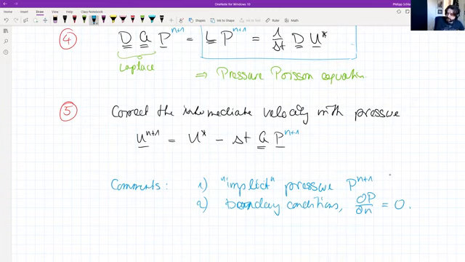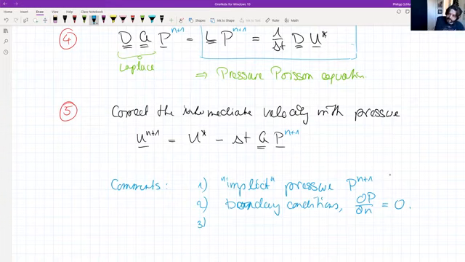Technically speaking, we would not need any pressure boundary conditions. If you formulate the problem in the correct way, you would actually not need boundary conditions. But as I said, this is a more advanced topic, which one can take at a different time. So practically speaking, we need to specify homogeneous Neumann conditions for the pressure.